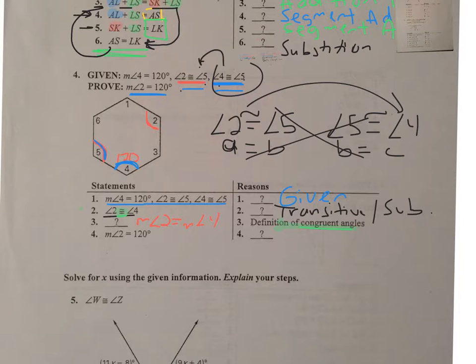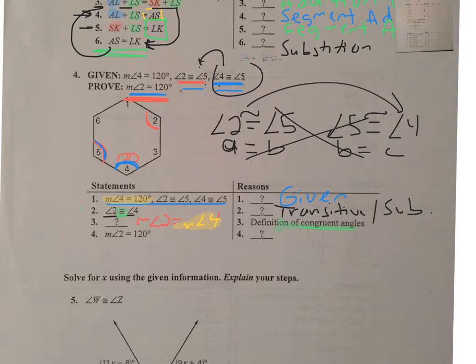And why do we need to switch from a congruence to an equals? Well, because what we're trying to prove has an equal sign. So we need to switch it at some point along the way to make sure that we get an equal sign in our proof. All right, well now, if the measure of angle 2 is equal to the measure of angle 4, as I said in 3, and I know from right up here that the measure of angle 4 is 120 degrees, well, I can just swap that in right there.